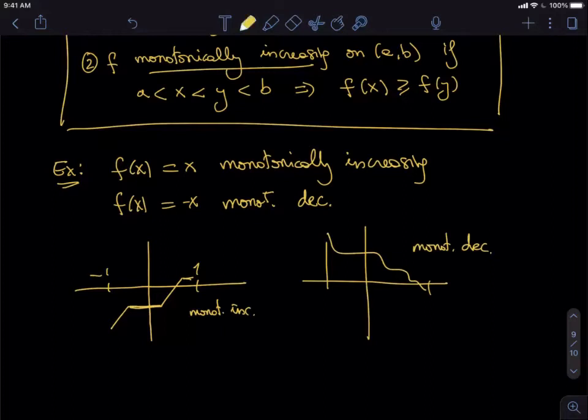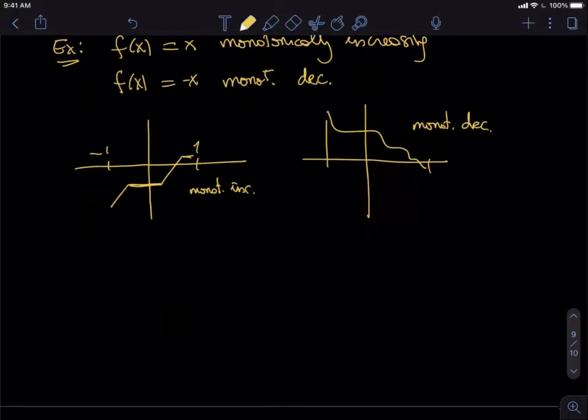Sometimes we will just refer to monotone functions, monotonic functions. In that case, we are not distinguishing increasing or decreasing. It could be either of those.